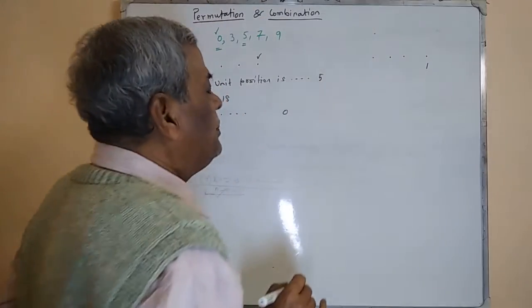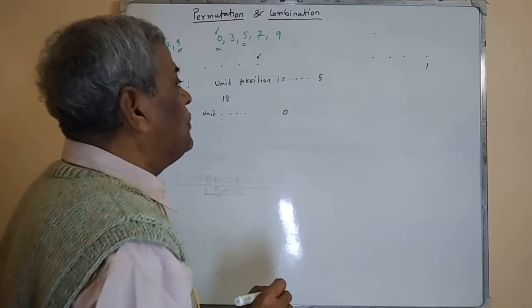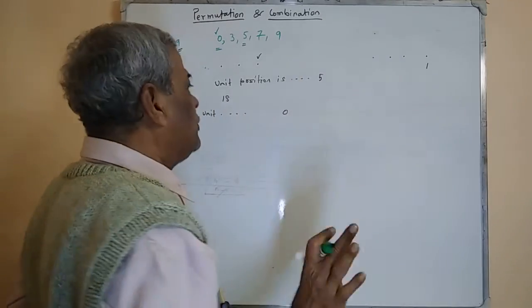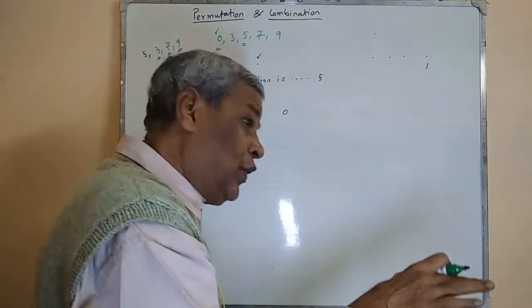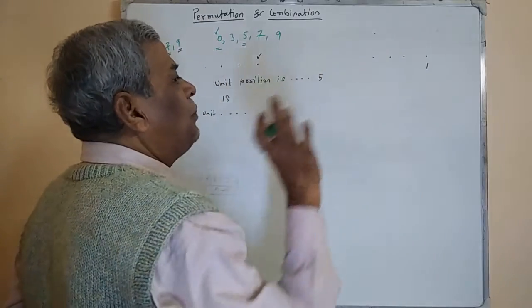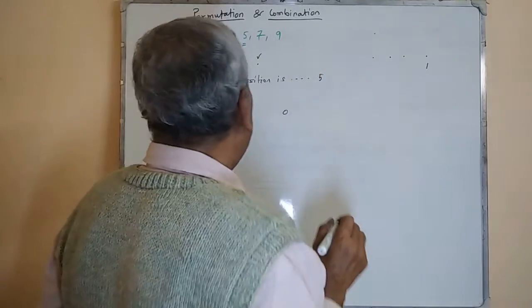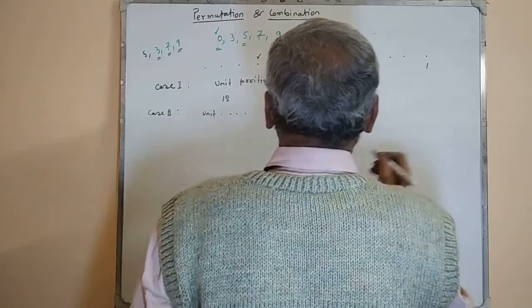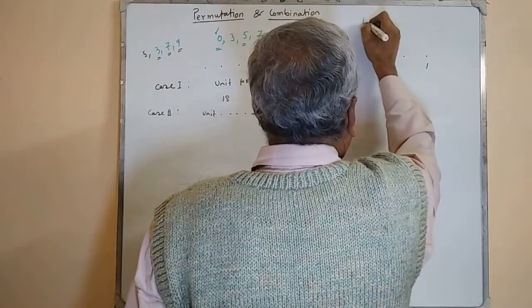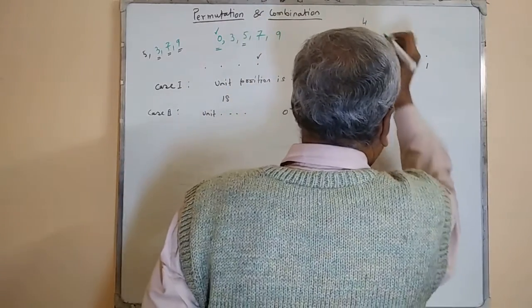So in the 1000 position, there is no restriction, because the only restriction is 0 and it is already engaged there, so no problem for the 1000 position. So after filling this position, only 4 digits are left and 3 positions are left.